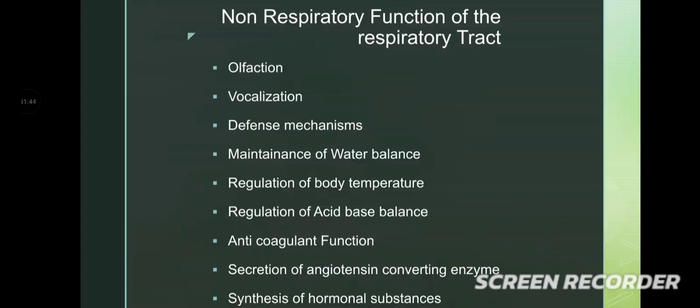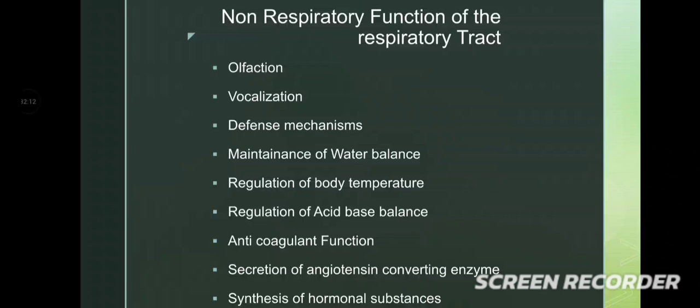Then there's also regulation of the acid-base balance. So the lungs play a role in maintenance of acid-base balance of the body by regulating the carbon dioxide content in blood. So carbon dioxide is produced during various metabolic reactions in the tissues of the body. When it enters the blood, the carbon dioxide combines with water to form what?